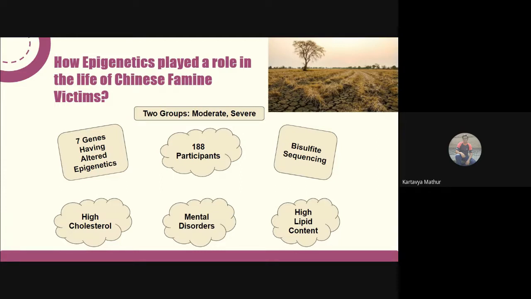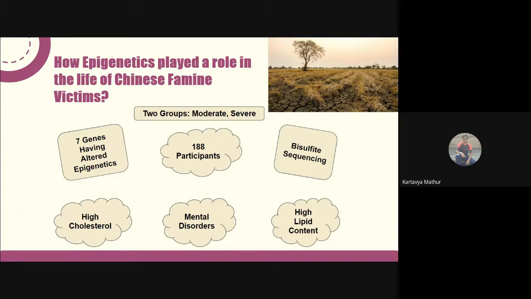The finding was that in the previous series they described seven different genes, out of which two I can name which are very important: IL-10 and IGF-2. IL-10 is responsible for brain activity, and its absence can cause certain types of mental disorders like schizophrenia.